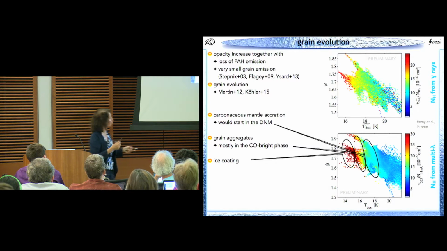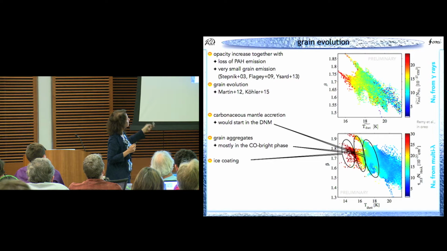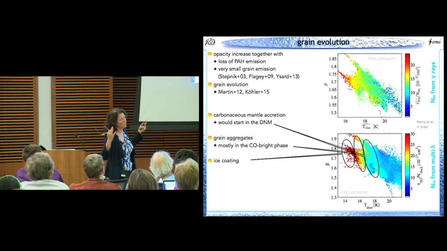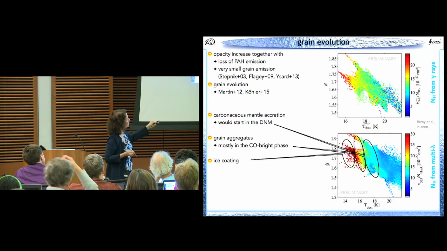And so some people here, Kohler and collaborators, have looked at the distribution of dust versus spectral changes with respect to the dust temperature and the emissivity, let's put it this way, as tau over NH.